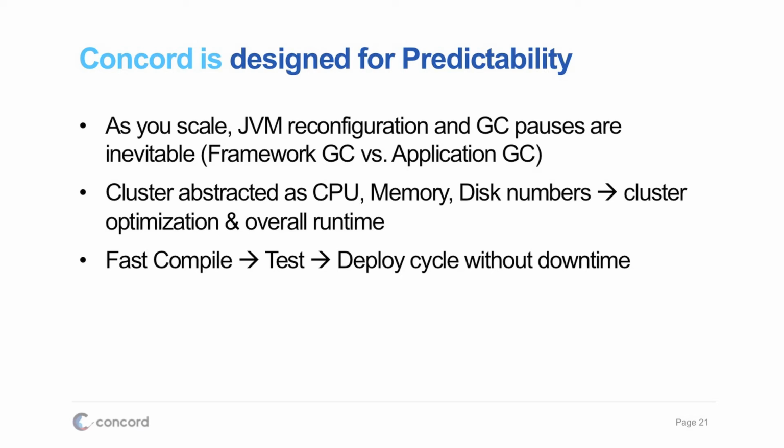As I was talking about performance, one thing that we really wanted to convey with Concorde, and the reason why we decided to write Concorde in C++, is predictability. As you scale up, with basically any JVM system, you do have to configure the JVM so that it works right. You could configure it to run at the current scale with current types of jobs.